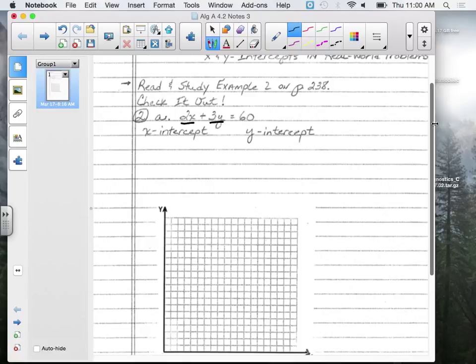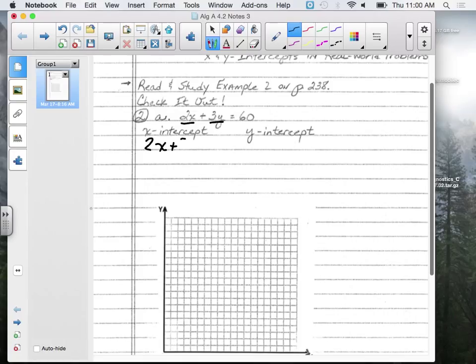Alright, so part A of that problem says to graph the function and find the intercepts. We can't very well graph it first if we don't have its intercepts, so let's find those. You guys can do that because you've been doing it for a few days and you're pros at it by now. We actually can graph the function without finding the intercepts. They meant for us to do a table, but we're not going to.